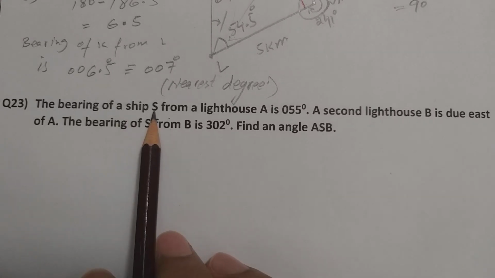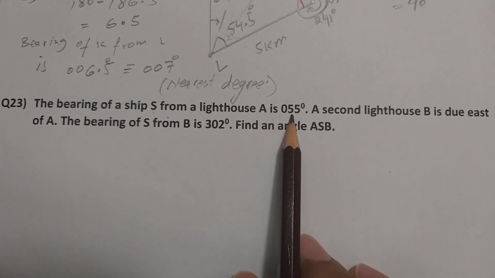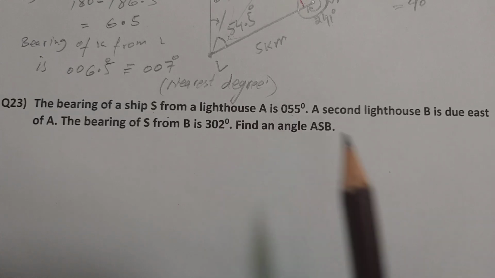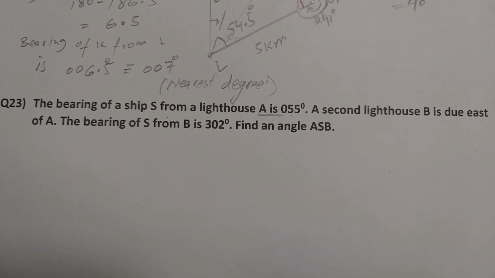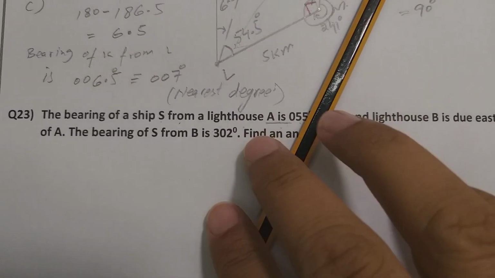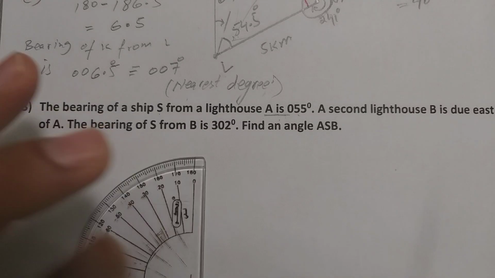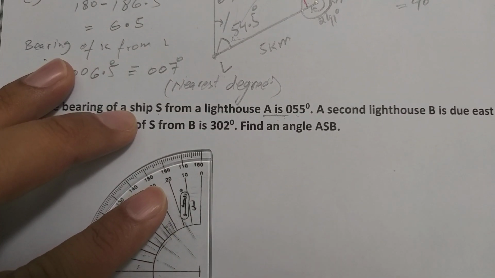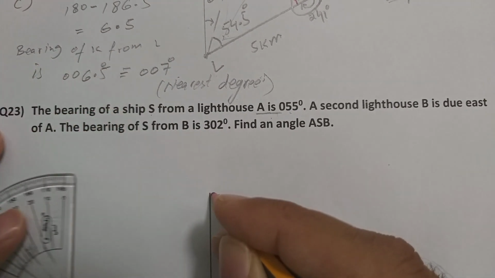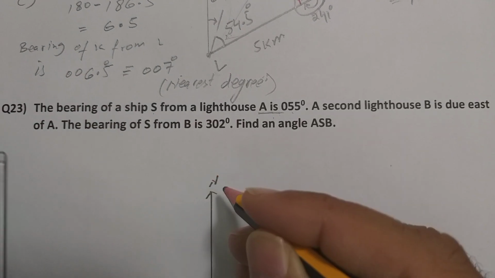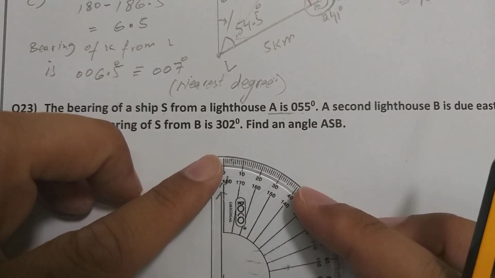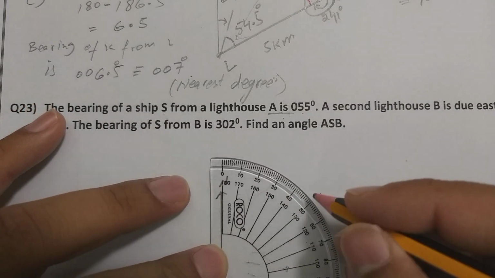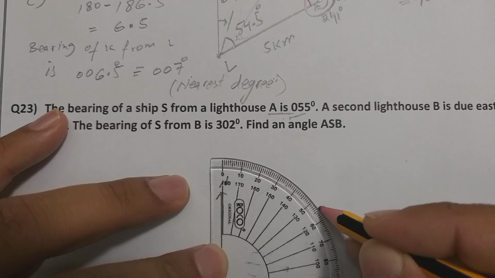The bearing of ship S from the lighthouse A is 55 degrees. So it means let's suppose this is the point A. We draw the north line here. The bearing is 55 degrees from this particular point A. 55 is somewhere here.